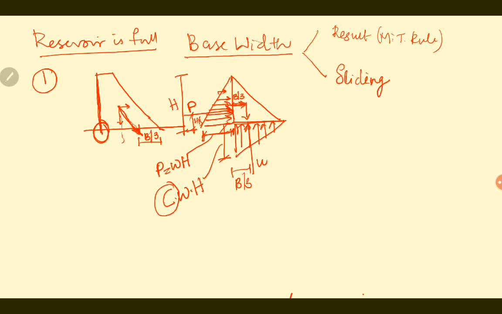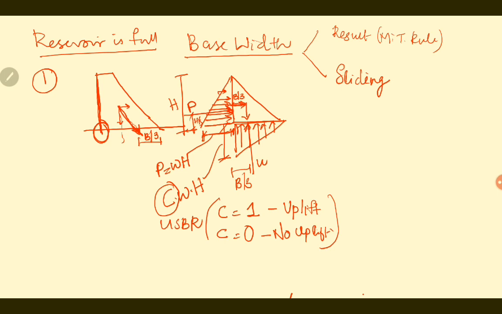The C value is actually a constant. According to USBR, C is equal to 1 when there is uplift and C is equal to 0 when there is no uplift. Okay, this is the criteria for finding C.